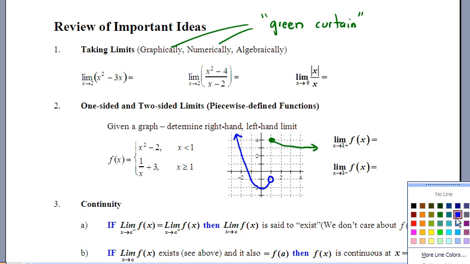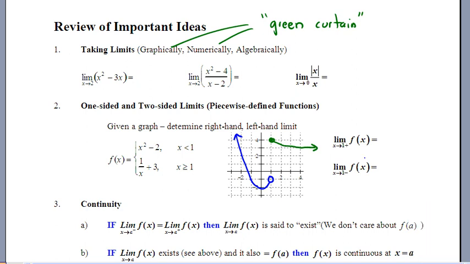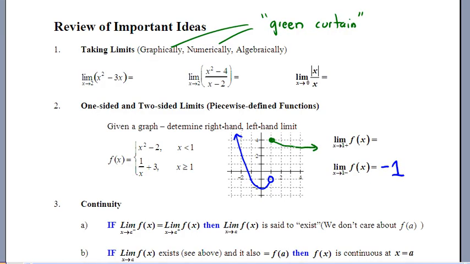On the left side, kind of in blue, the limit as you approach 1 from the low side is negative 1. That was the y value we were heading towards when we got near x equal to 1. But on the upper branch, the right-hand branch, working back to x equals 1, the y value is limiting to 4.